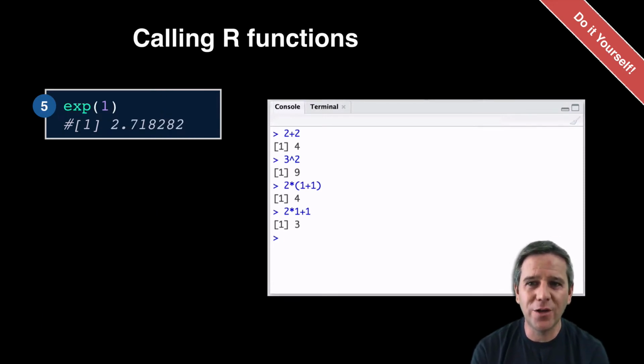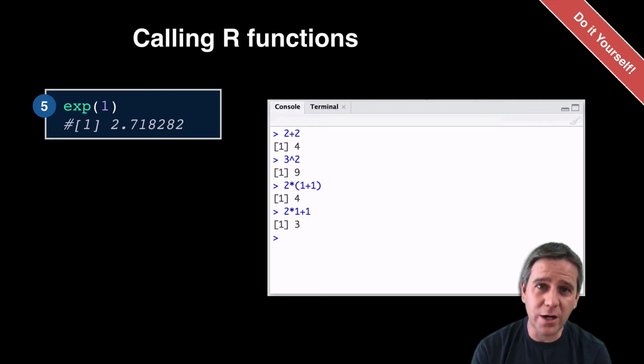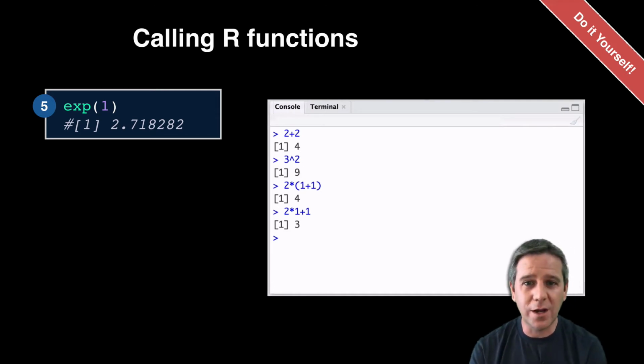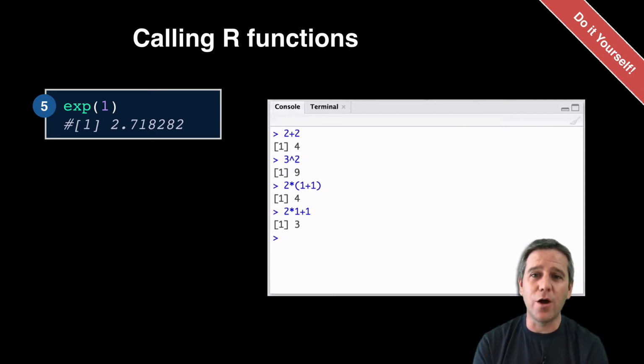Now moving on to do something a little bit more useful in R. Again, the features of R, we can think of those as the functions that we use in R to do stuff, whether that's some mathematics thing, like run a BLAST search or do a differential expression analysis, or here let's just go and do the exponent. Let's calculate the exponent of a number, like the exponent of 1 here.